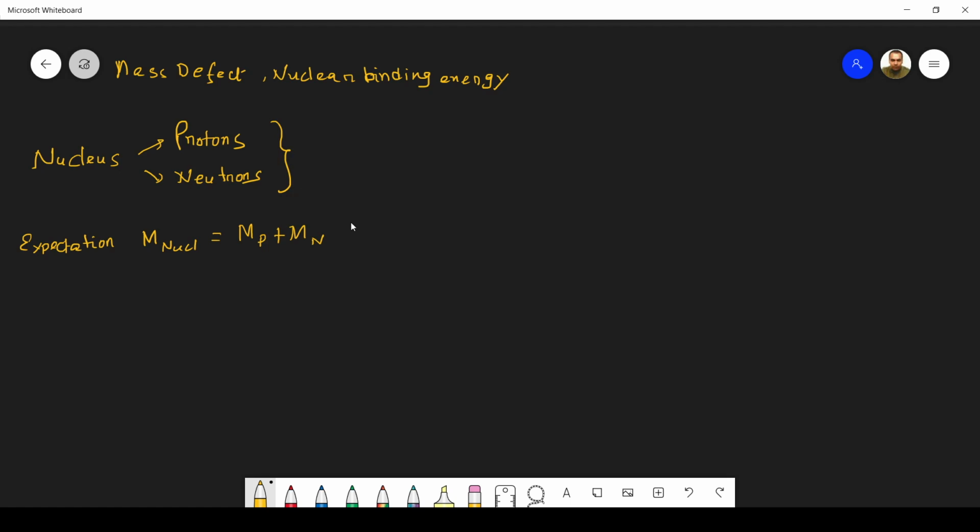But the question is, does this really happen? Since protons and neutrons make up the nucleus, is the nuclear mass equal to the summation of the masses of protons and neutrons? Actually, this is not true.